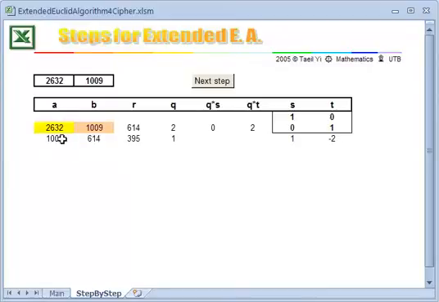Divide this number by that, the quotient is 1 and the remainder is that. Then of course multiply 1 with these results on the same line. So 1 times 1 is 1, 1 times negative 2 is negative 2. Then subtract these two numbers from the previous line. So 0 minus 1 is negative 1, and 1 minus negative 2 becomes 3.